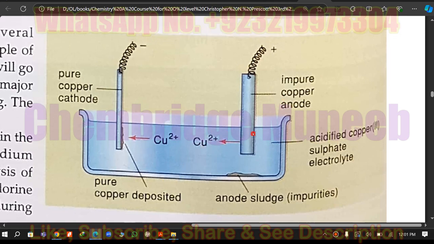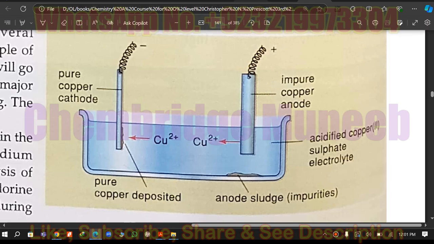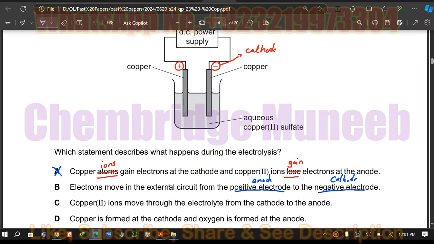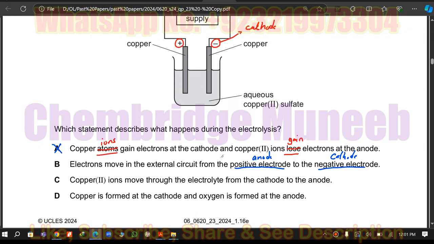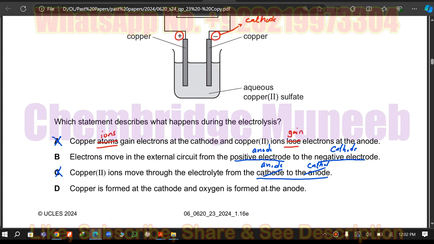The movement of the ions in the electrolyte is from the anode to the cathode, whereas it says from the cathode to the anode, which is incorrect. It should be from the anode to the cathode. So this is incorrect. D says copper is formed at the cathode and oxygen is formed at the anode.